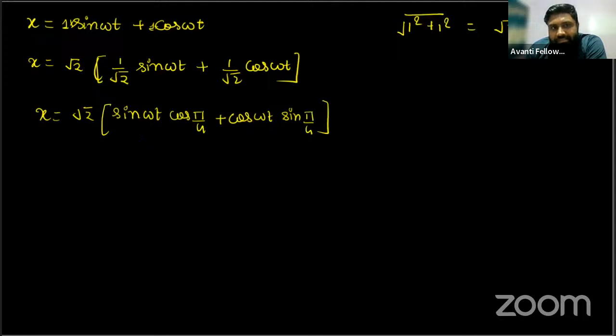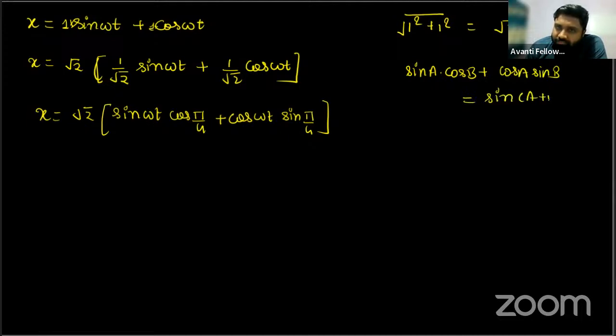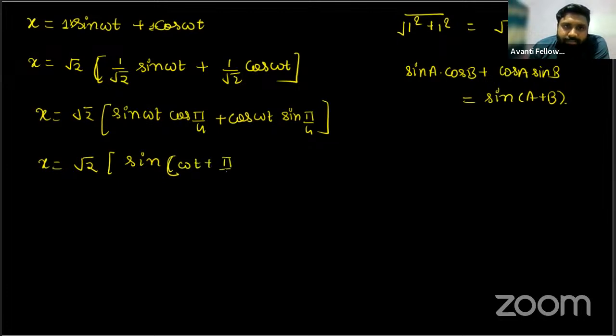This is nothing but sine A cos B plus cos A sine B, which equals sine A plus B. Simple. So you can convert it into root 2 into sine of omega t plus pi by 4.